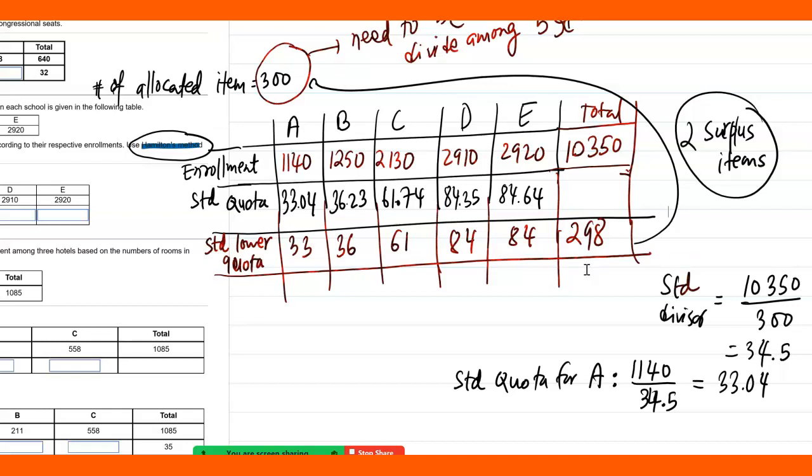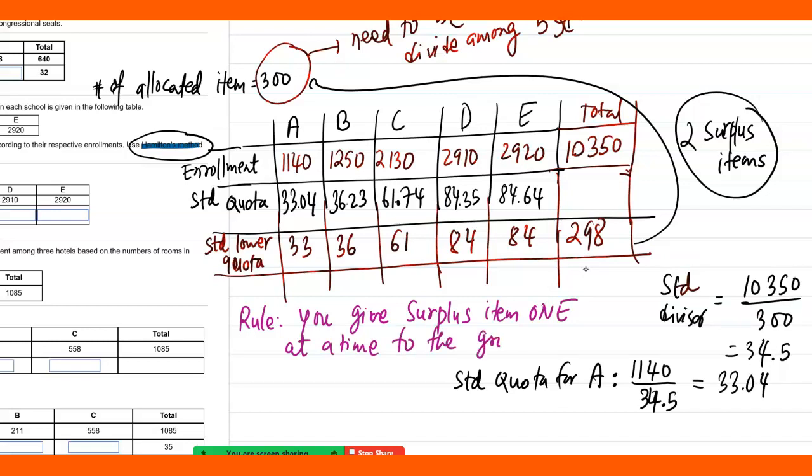Here's the rule in the Hamilton method. You give surplus items one at a time to the group which has the largest fractional part.